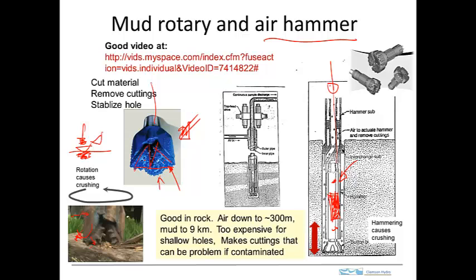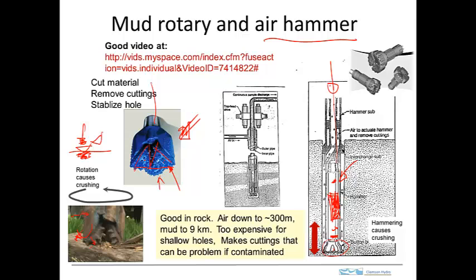So when the weight comes down, it hits an anvil right here, and then causes the bit, which is right here, to be driven down onto the bottom of the hole. And there are little carbide buttons on the bottom of this bit that crush the rock at the bottom of the hole.